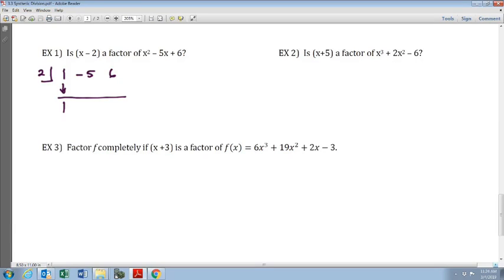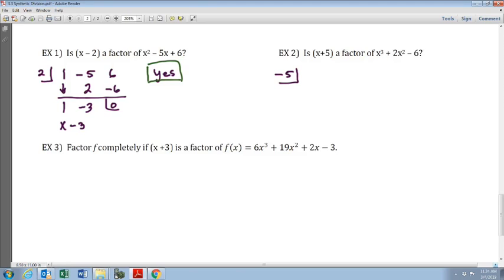So drop the 1. 1 times 2 is 2. When you add negative 5 and 2, you get negative 3. Negative 3 times 2 is negative 6. When you add, you get 0. And so the answer here is yes. It is a factor because we got a remainder of 0. In fact, our answer would be x minus 3.